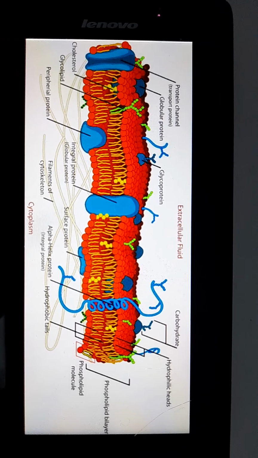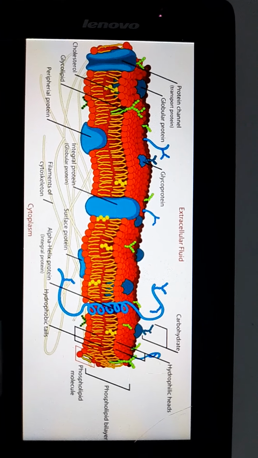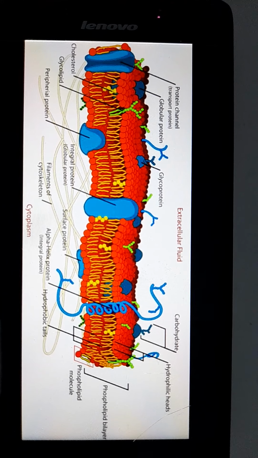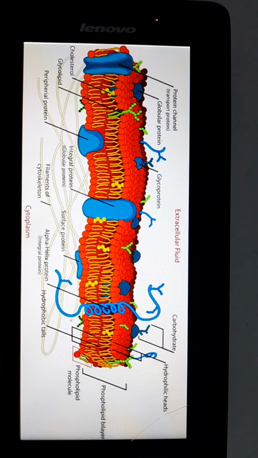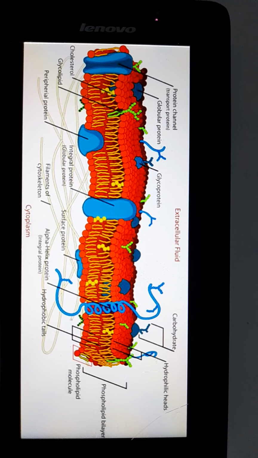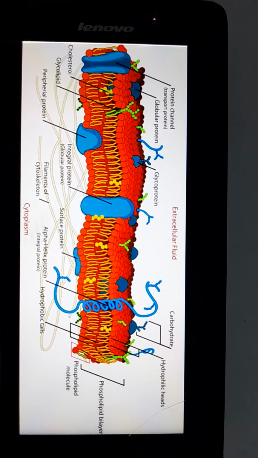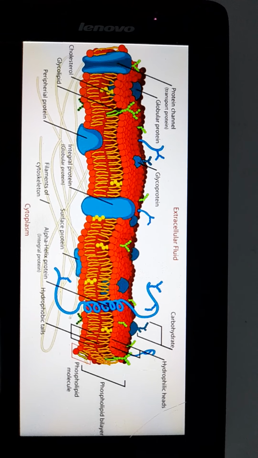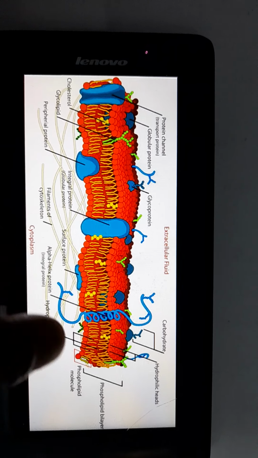Next, functional proteins. These are enzymes that catalyze different chemical reactions associated with the plasma membrane, for example, acid phosphatase. These functional proteins are also involved in the transportation of different materials across the membrane. Here it is inside the cell, the cytoplasm.